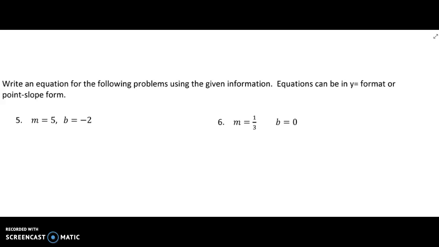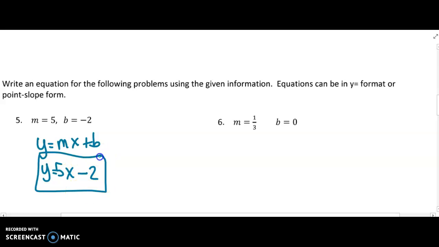What do you think we're going to put this one in? Well, if it's an m and a b, let's put it in the y equals mx plus b format. So we have y equals mx plus b. Let's replace the m with a 5 and the b with a minus 2. And we're done, right?